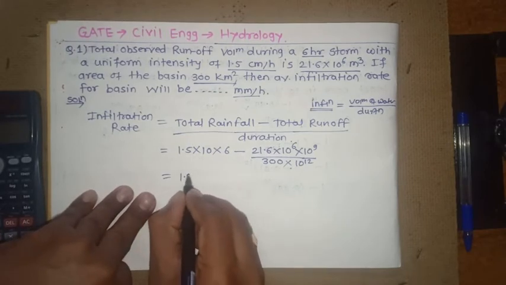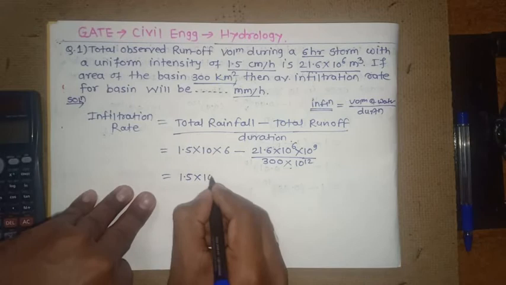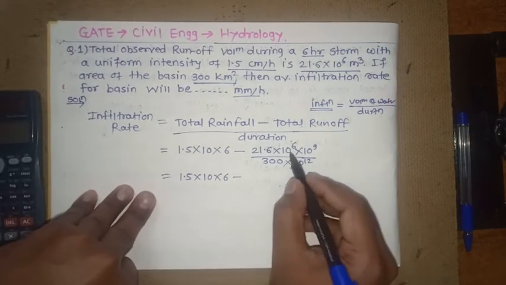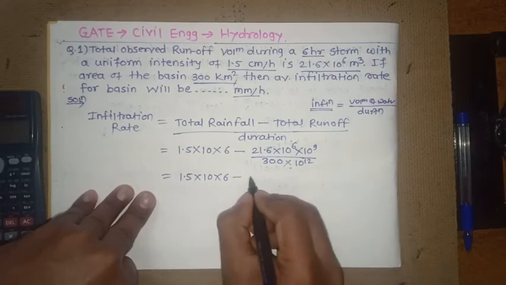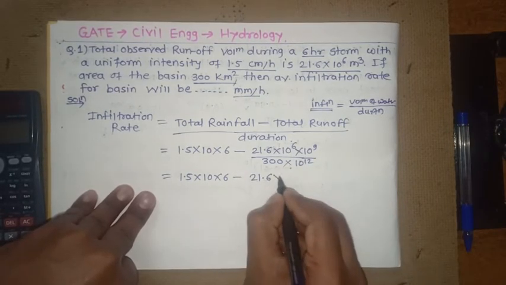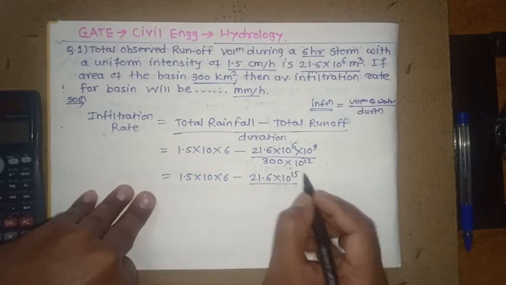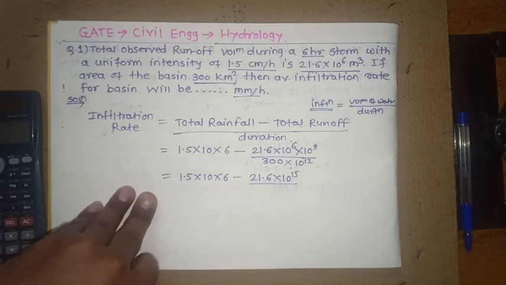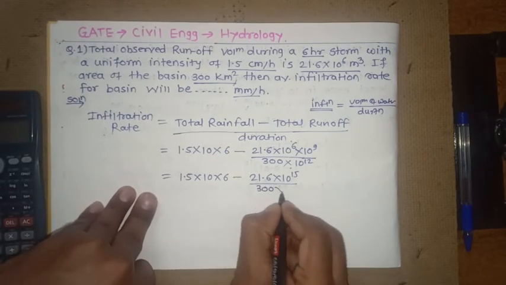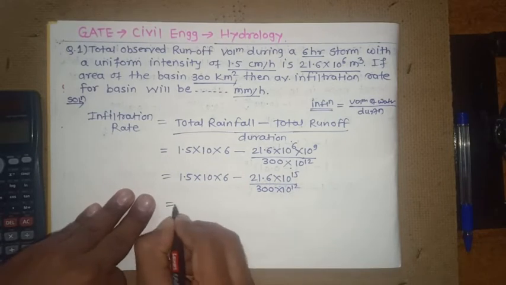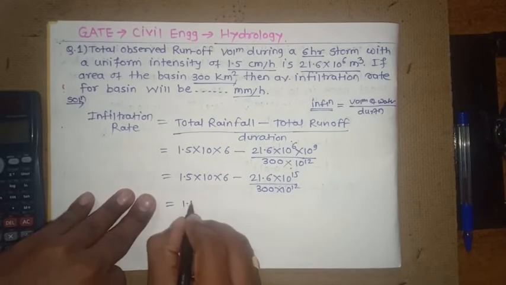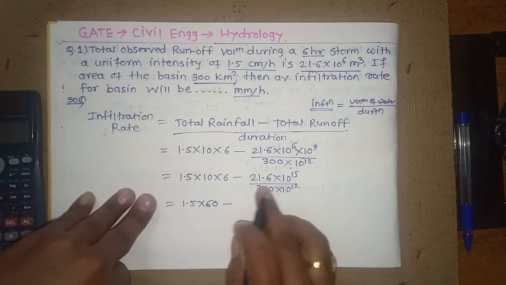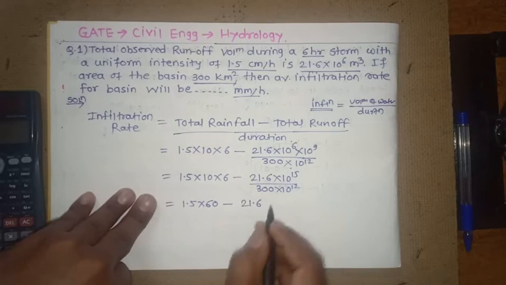Keep this as it is, 1.5 into 10 into 6 minus, here after solving this we have 21.6 into 10 to power 15, and here 300 into 10 to power 12 as it is. Again solve this: 1.5 into 60 minus 21.6 as it is.